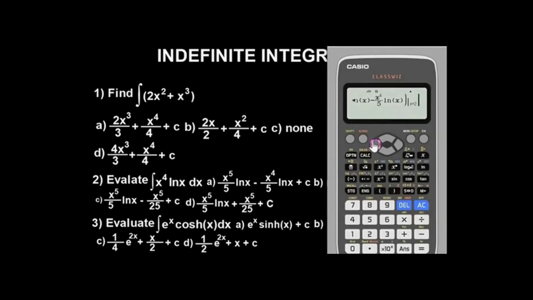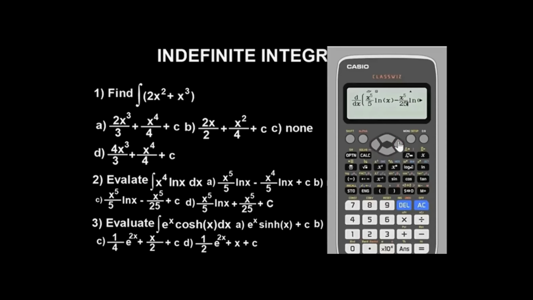Let's simply adjust and put the necessary information there, so that we will not waste time. The difference in option C is the power here. The power here is 5. Remove this and put 5. Very simple, guys. And down at the denominator we have 25, not 5. So let's put equal.